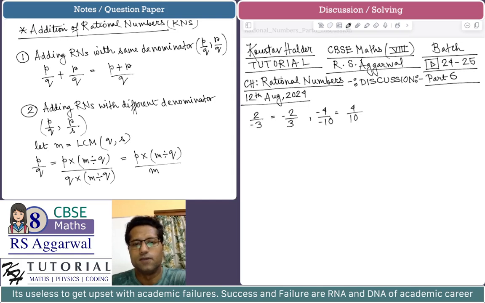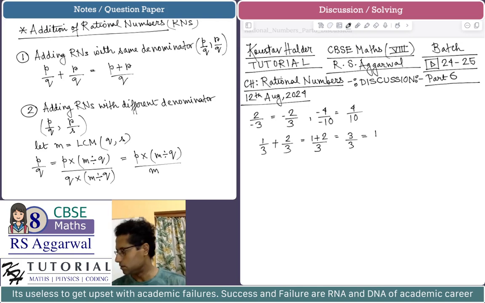So let's say we have to add 1 by 3 plus 2 by 3. Both the rational numbers have the same denominator 3. So the denominator remains the same and we just add up the numerators. This is 1 plus 2, which is 3 by 3. This is 1.